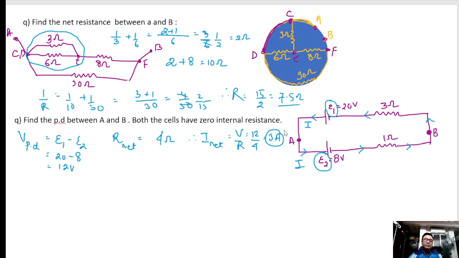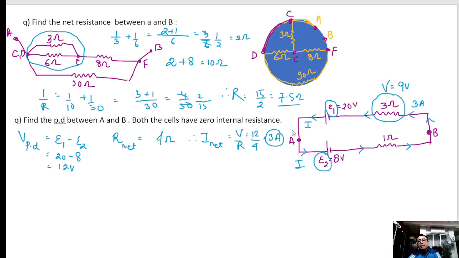Now watch here. They are telling what is the potential between A and B. So in the 3 ohm, what is the current coming? 3 ampere. So what is the voltage drop across this? Will be 3 into 3, which is 9 volt.